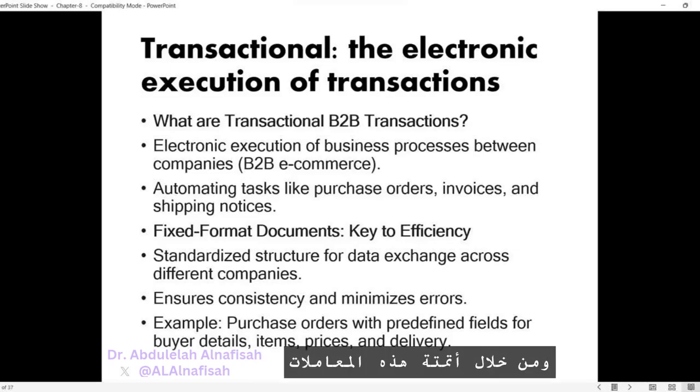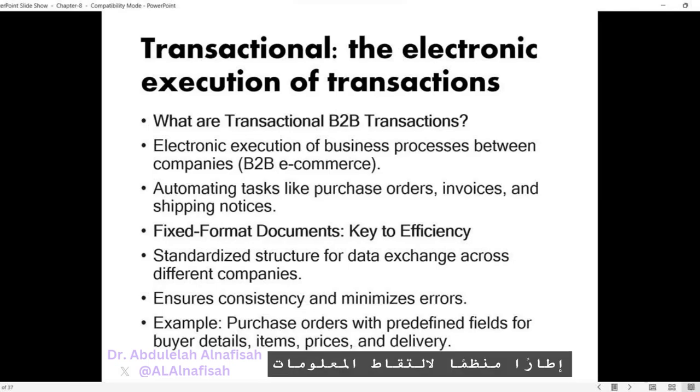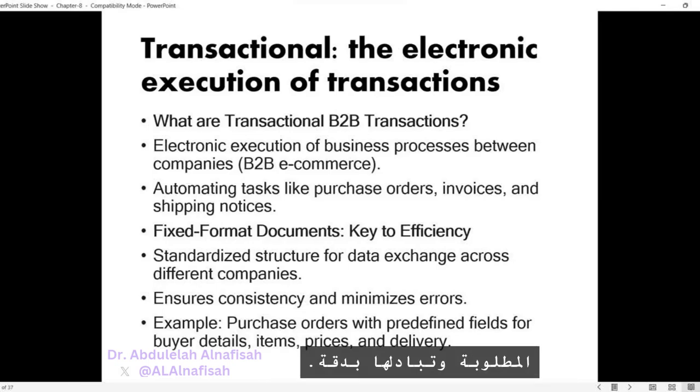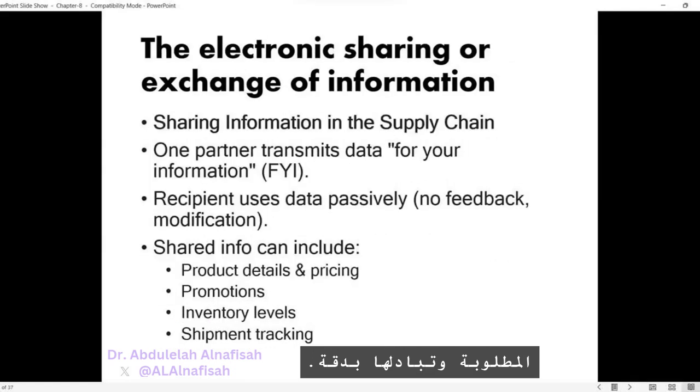By automating these transactions and utilizing fixed format documents, trading partners can streamline the process, reduce manual intervention, minimize errors, and enhance efficiency. The predefined data and information fields within the document provide a structured framework for capturing and exchanging the required information accurately.